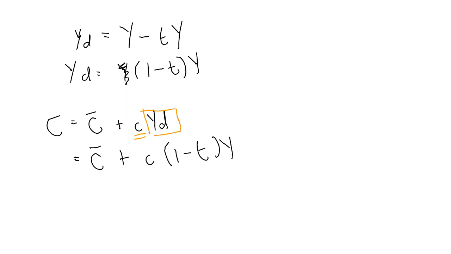When calculating the multiplier with taxes, the calculation in brackets, 1 minus t, must be made first. The result of this calculation is then multiplied by the marginal propensity to consume C, and only then is the subsequent result subtracted from 1 and inverted to obtain the multiplier.